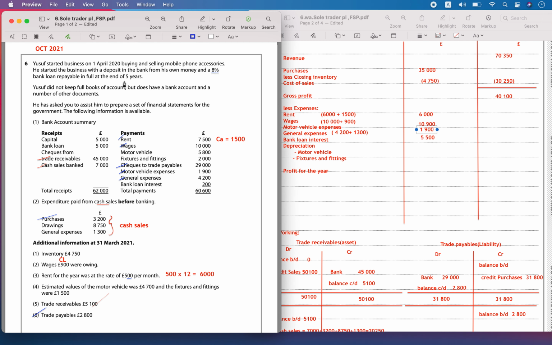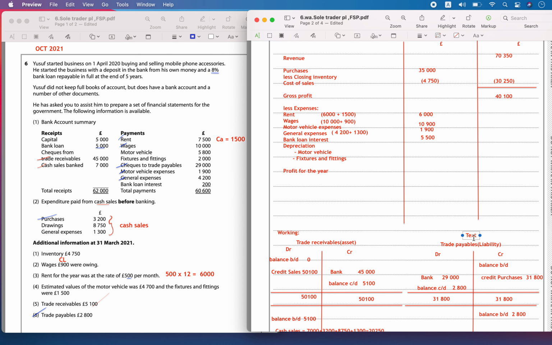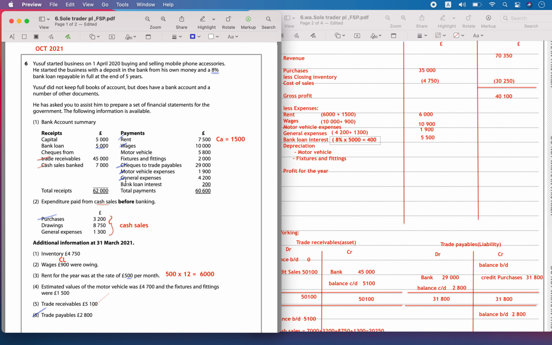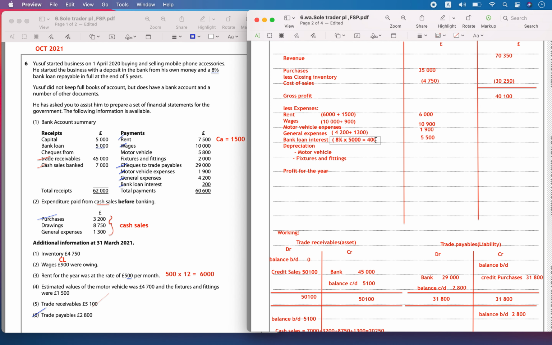And then you have the bank loan interest. We have to calculate 8% bank loan repayable in full for 5 years. So the bank loan was around 5,000. So 8 percent of 5,000, that is equal to 400. But they have paid only 200, so this is a liability.